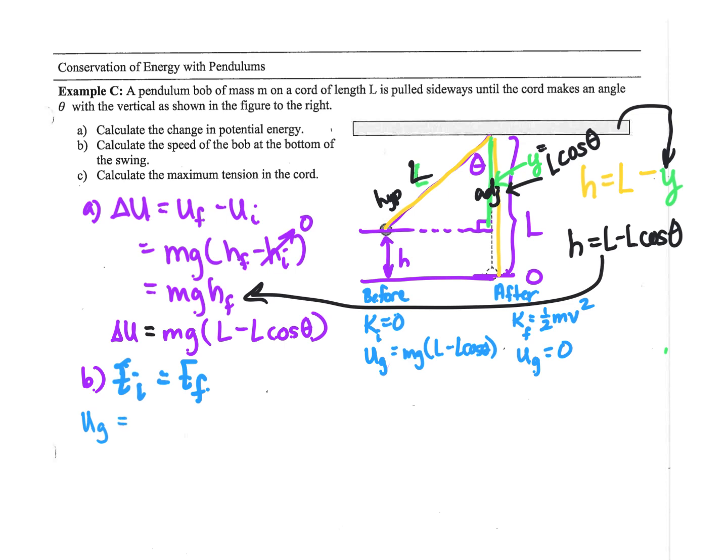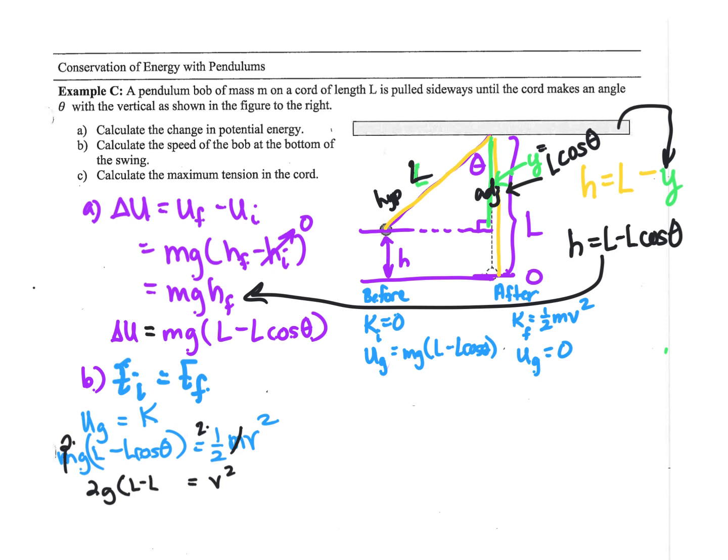So this is going to be our mg L minus L cosine theta equal to 1/2 mv squared. Notice something. What goes away immediately? M does. The mass doesn't matter. So we're going to multiply both sides by 2. So what we have over here is v squared is equal to 2g times L minus L cosine theta.